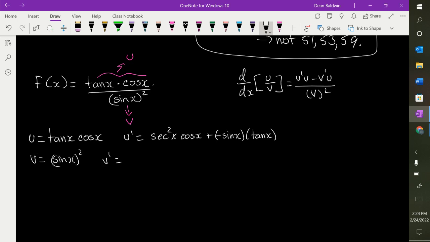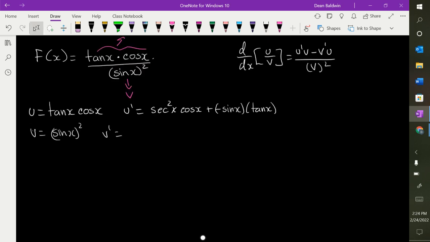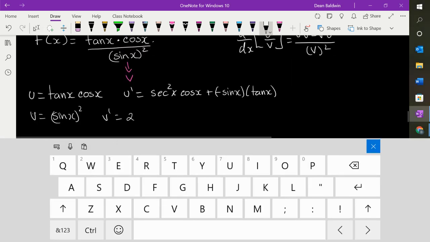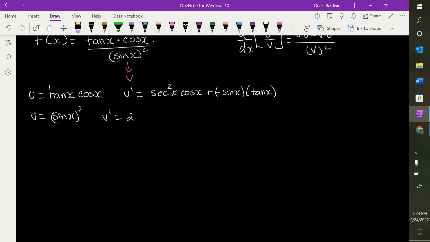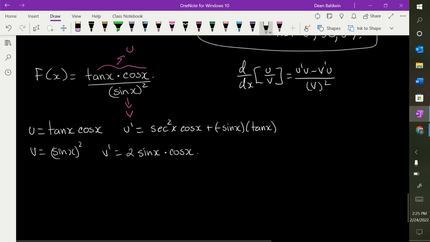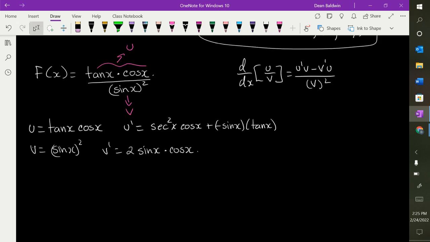So v prime, we use chain rule. Drop the 2 down. I get 2 sine of x. 2 falls down times the inside derivative, which is cos. So there's v prime. And when you do that, then you just plug everything into your quotient rule formula.